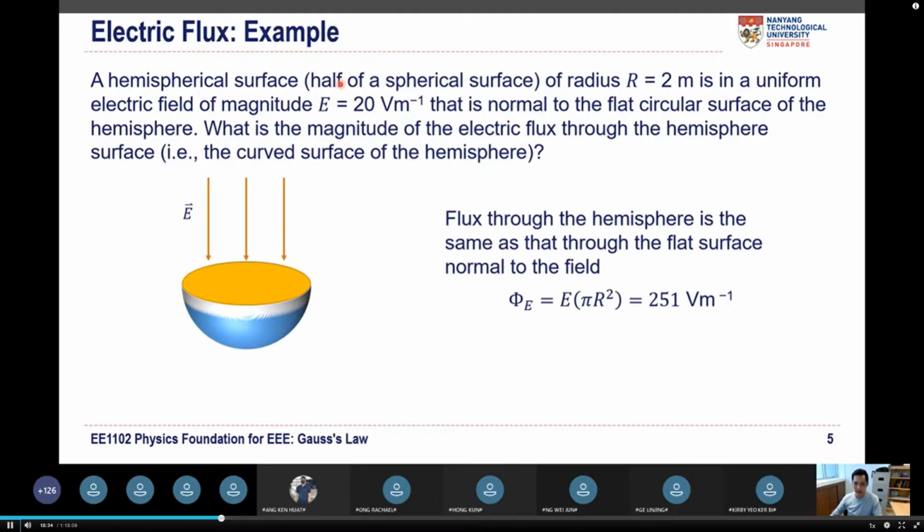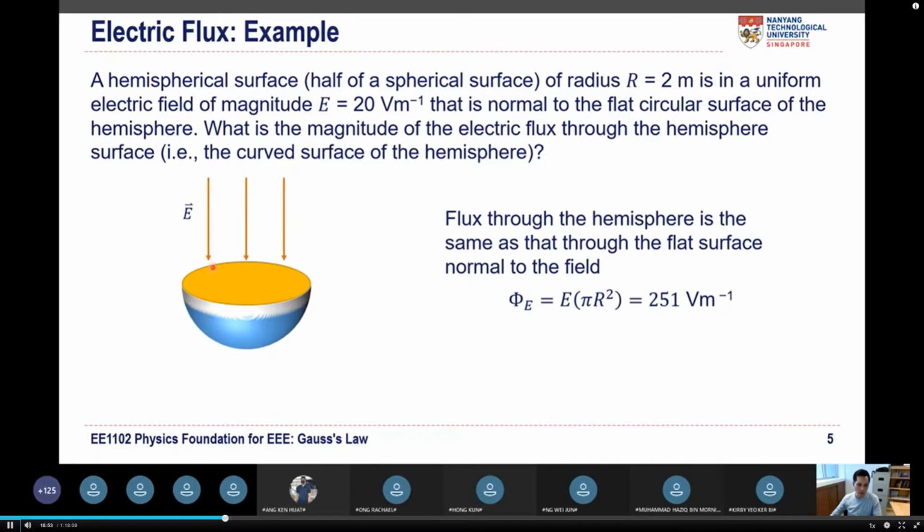Anyway, a hemisphere surface, which is half of a spherical surface of radius r equal to 2 meters, is in a uniform electric field of magnitude. So we have an electric field coming down in this direction at 20 volts per meter, or 20 newtons per coulomb.